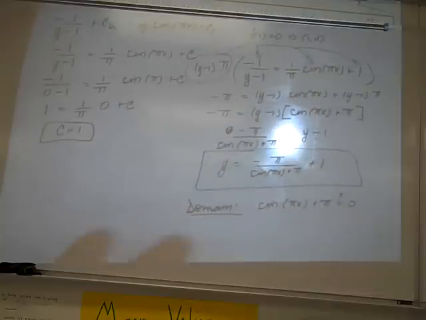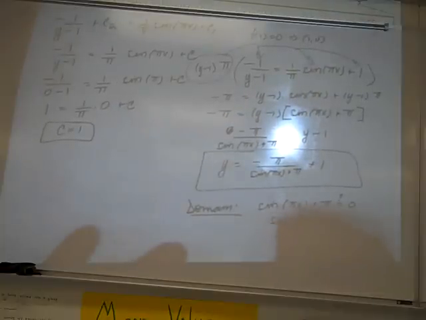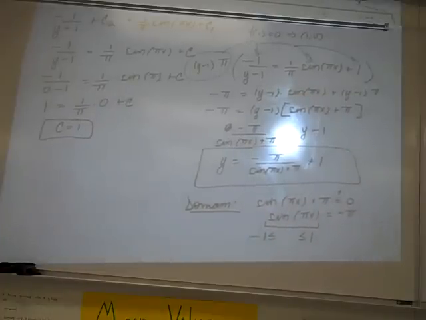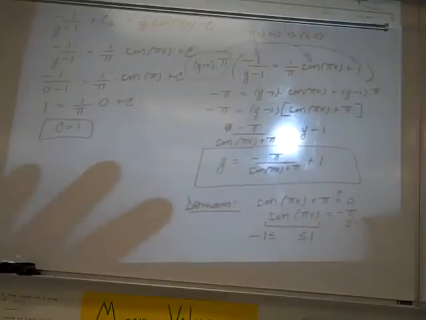Well, if sine of pi x plus pi is equal to 0, then the sine of pi x equals negative pi. But what I know is that this expression on the left has to be between -1 and +1. Negative pi, well, that's approximately -3.14159.